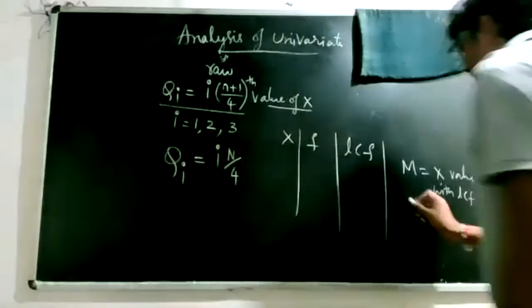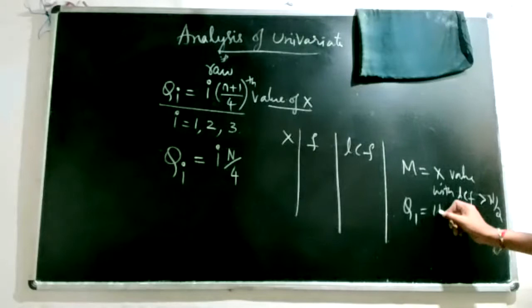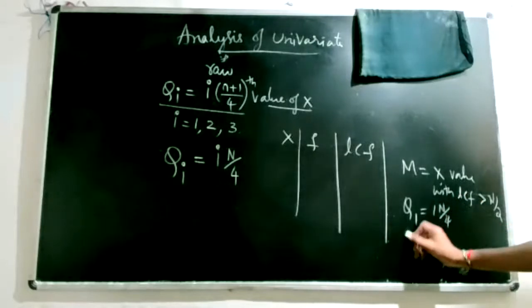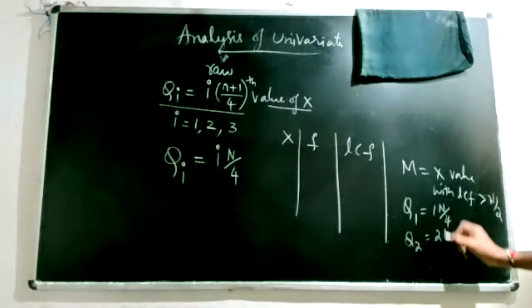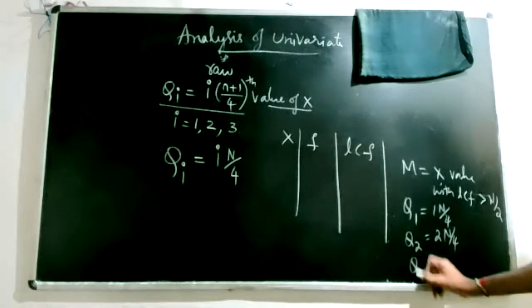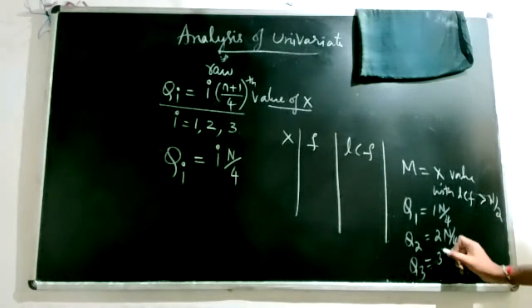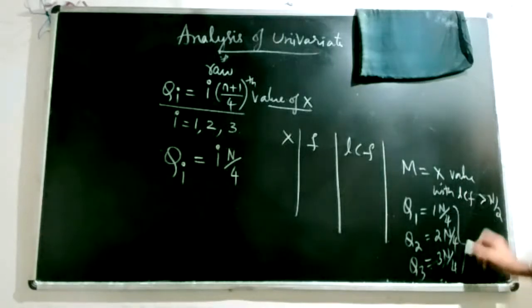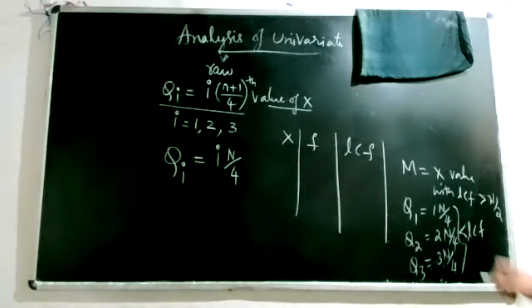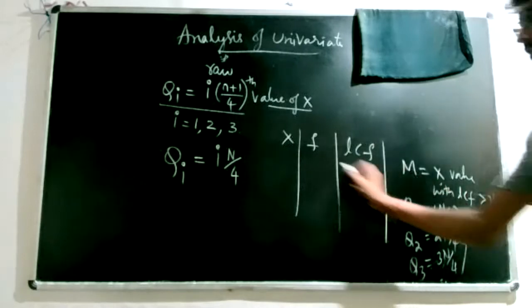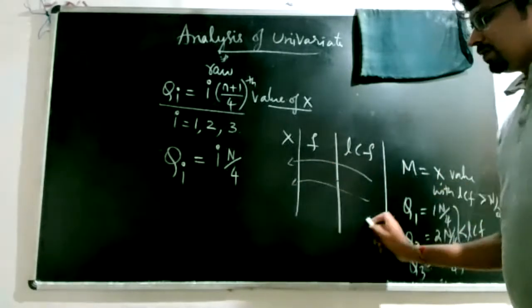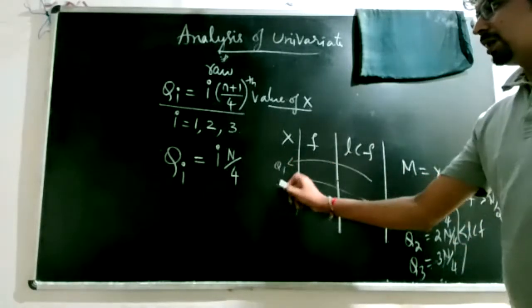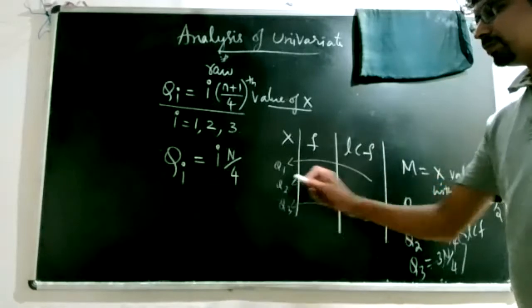So the procedure is the same now. If you want Q1, you will compute 1n by 4. If you want Q2, you will compute 2n by 4. If you want Q3, you will compute 3n by 4, and pick the LCF which is just greater than n by 4, 2n by 4, and 3n by 4, and pick the respective value of x to obtain Q1, Q2, Q3.